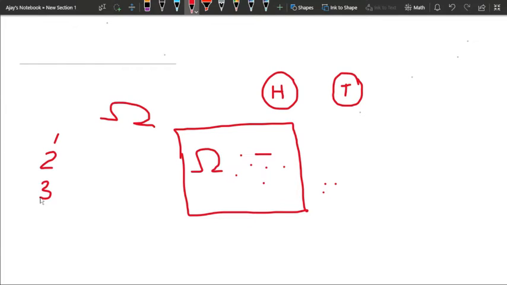Physically different outcomes should be distinguished in the sample space and correspond to distinct points. But we say physically different outcomes. What do we mean?